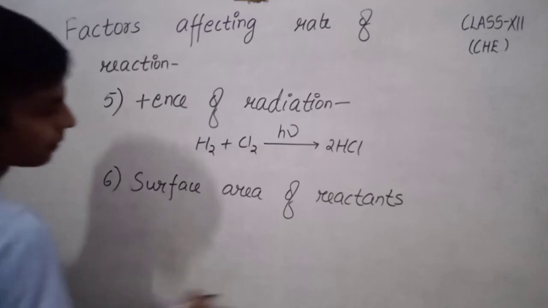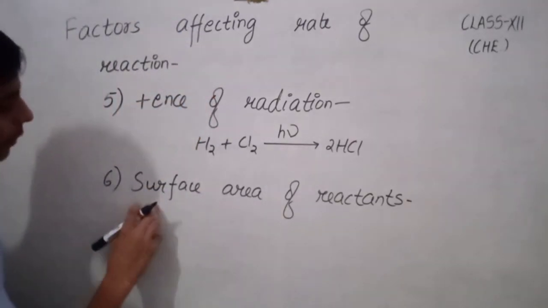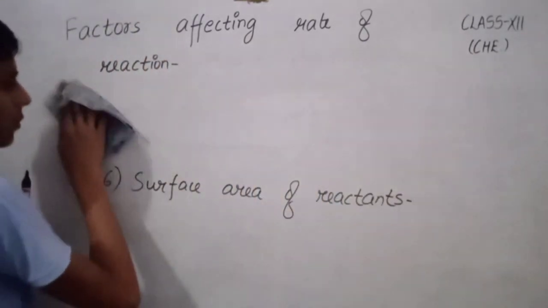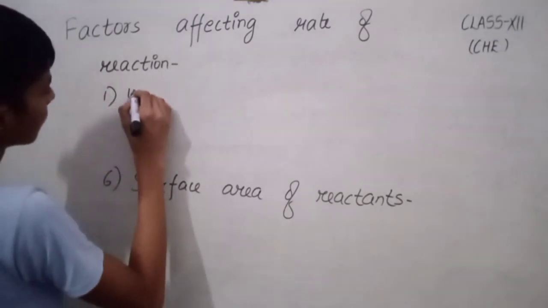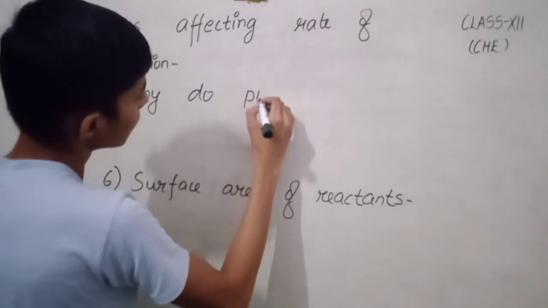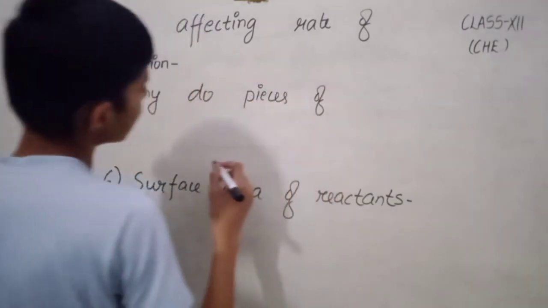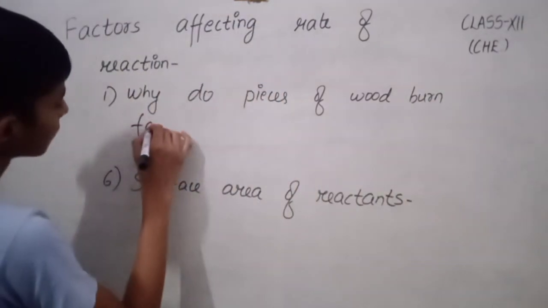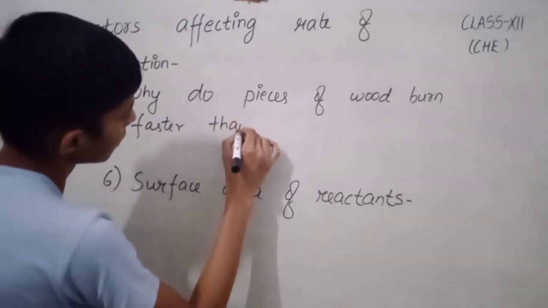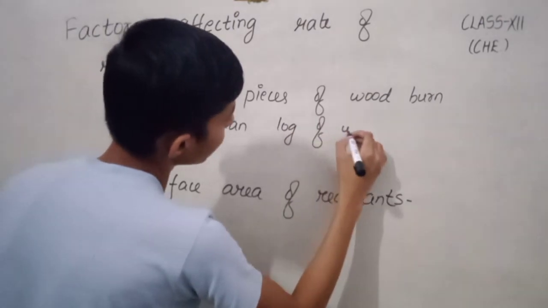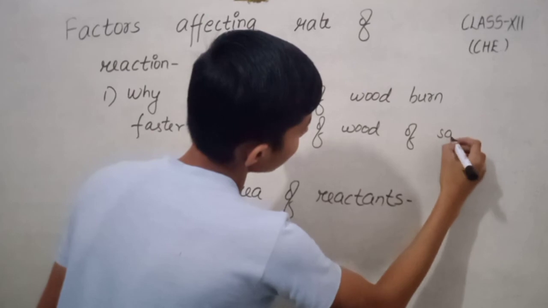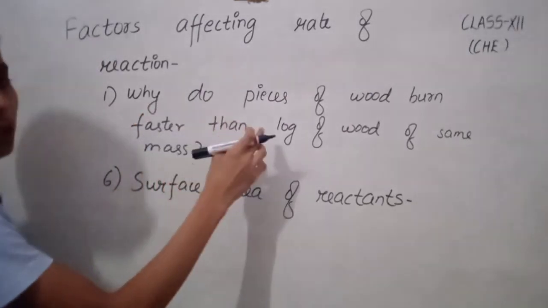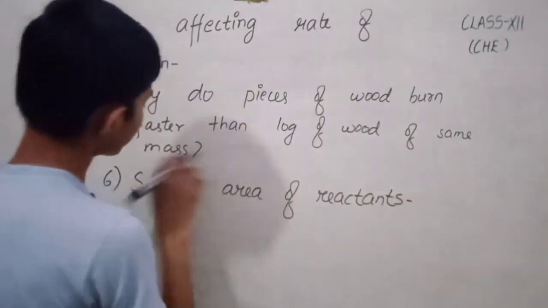Before going to this topic, my question to you all is: why do pieces of wood burn faster than log of wood of the same mass?